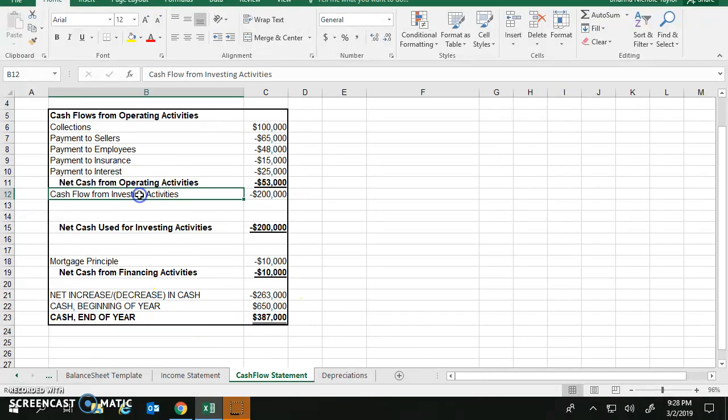And then for investing activities, like anything that helps you build your business, like in this particular one, it was buildings and... So this chart is pretty straightforward. You just take it from your cash section in your ledger and you start subtracting all your values.